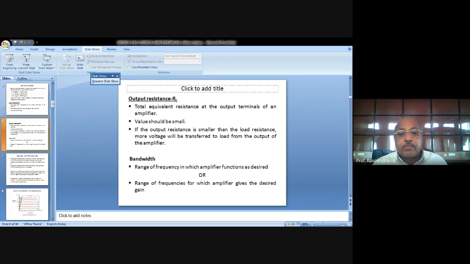Then the transistor must be operated in the active region of operation of the device. For a common emitter amplifier, the operating point must be fixed at the center of the active region. This is the active region.